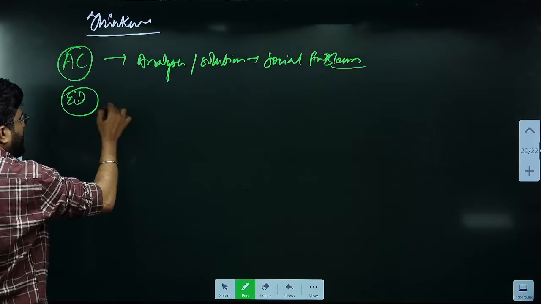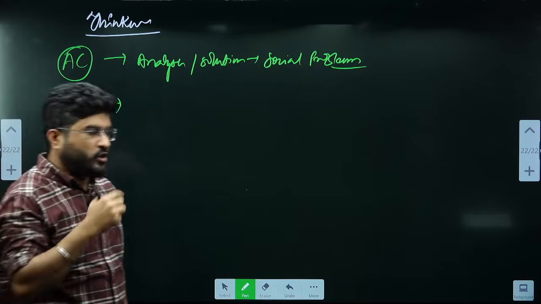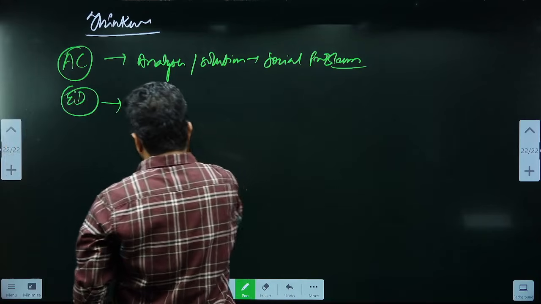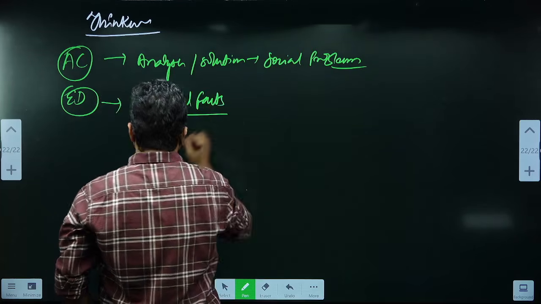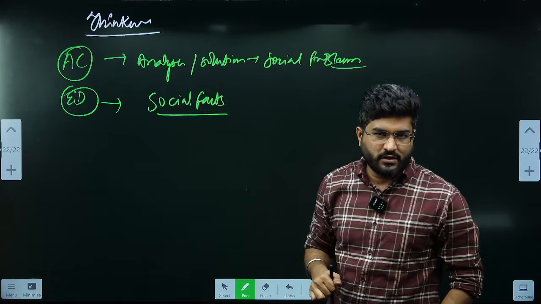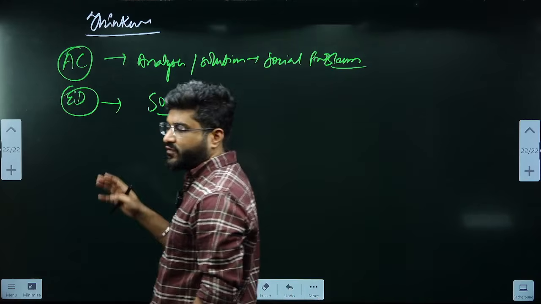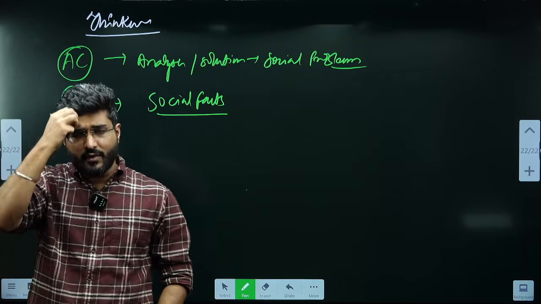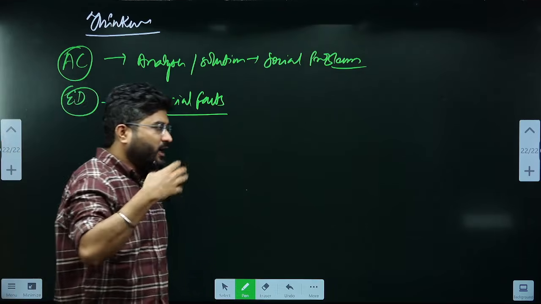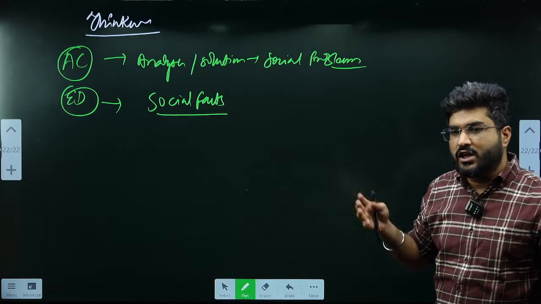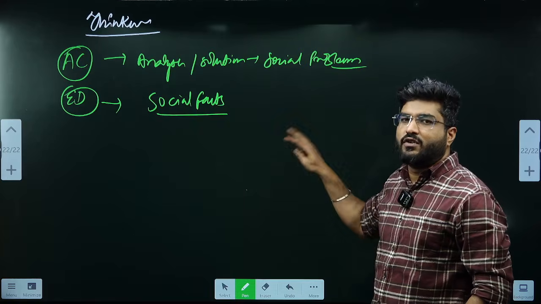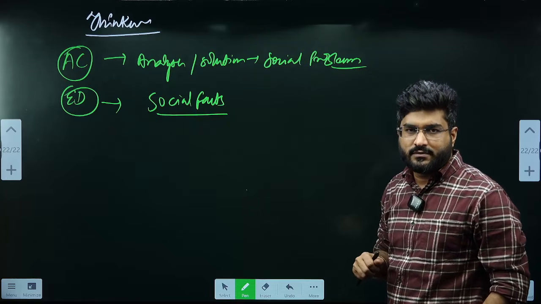Second, Emile Durkheim. The scope or subject matter of sociology is to study social facts. Social facts are those ways of acting, feeling, or thinking which act upon an individual, which are general in nature, which are exterior to an individual and cause that individual to do a particular task.